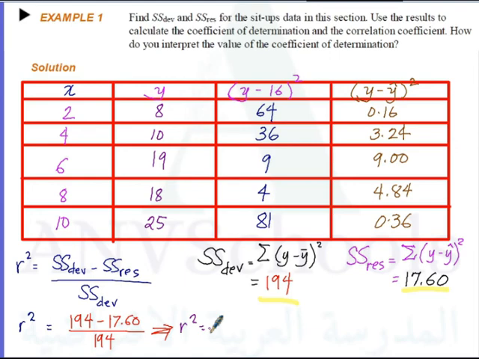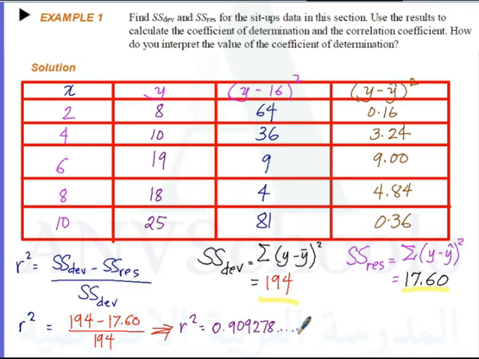That's equal to 0.909278. Now this is the fraction of the square of the deviation that was explained. Okay?